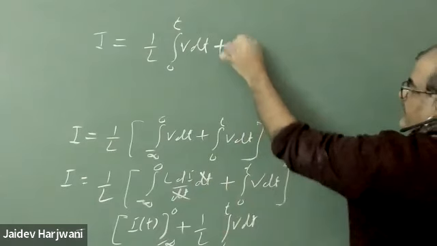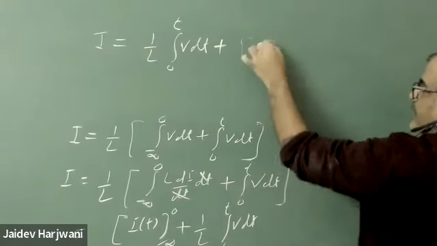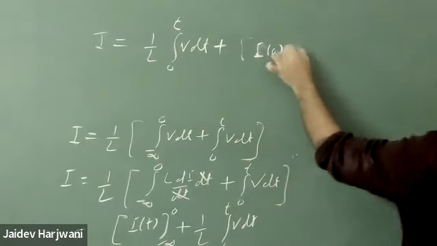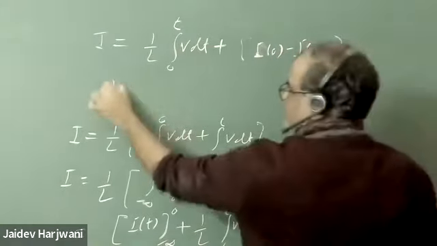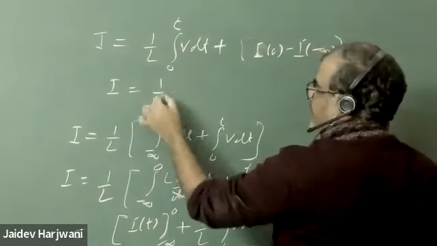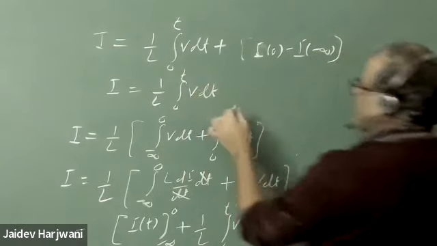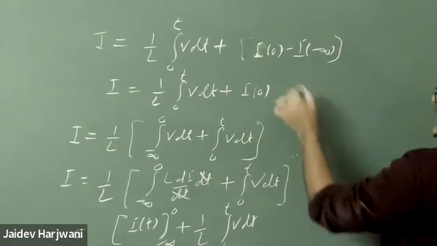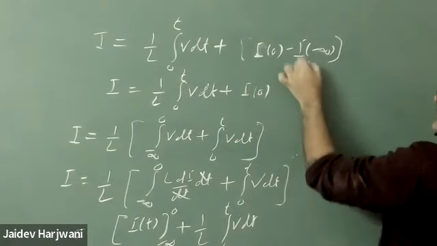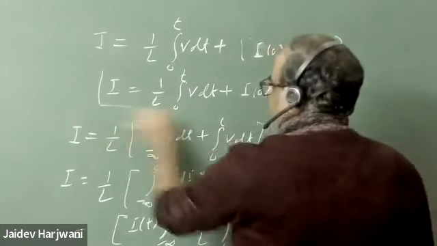So you can write I at 0 time minus I at minus infinity time, so you can put 1 upon L, 0 to t V dt, and this will be simply I naught. I naught means I at t equal to 0, and this becomes 0. So this is your formula for current.